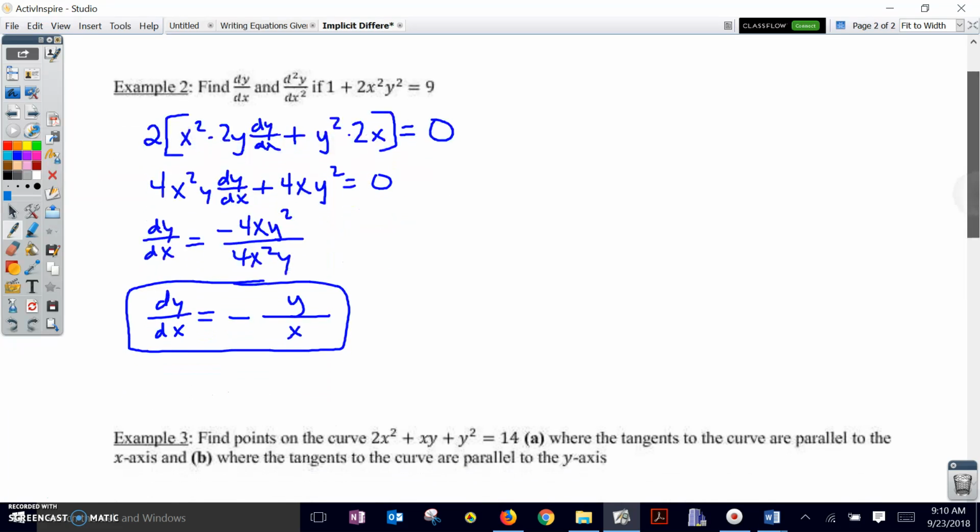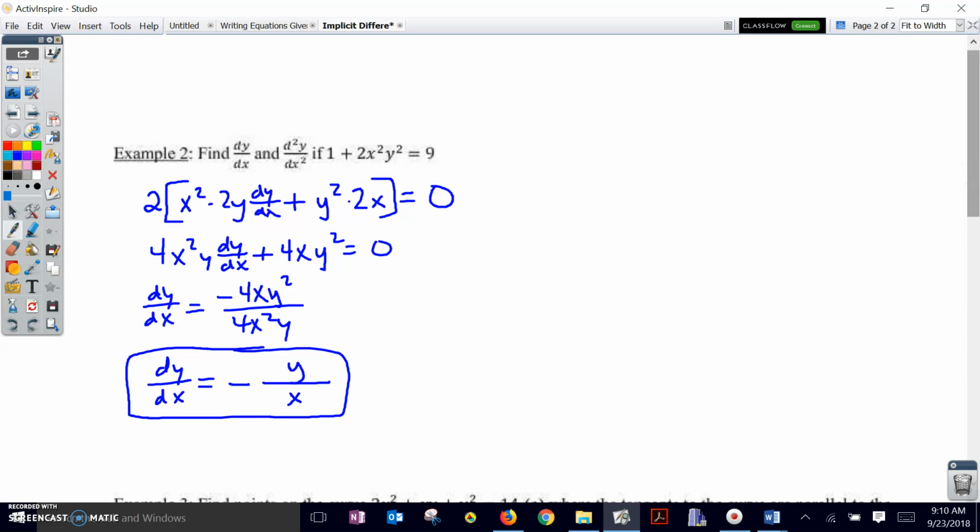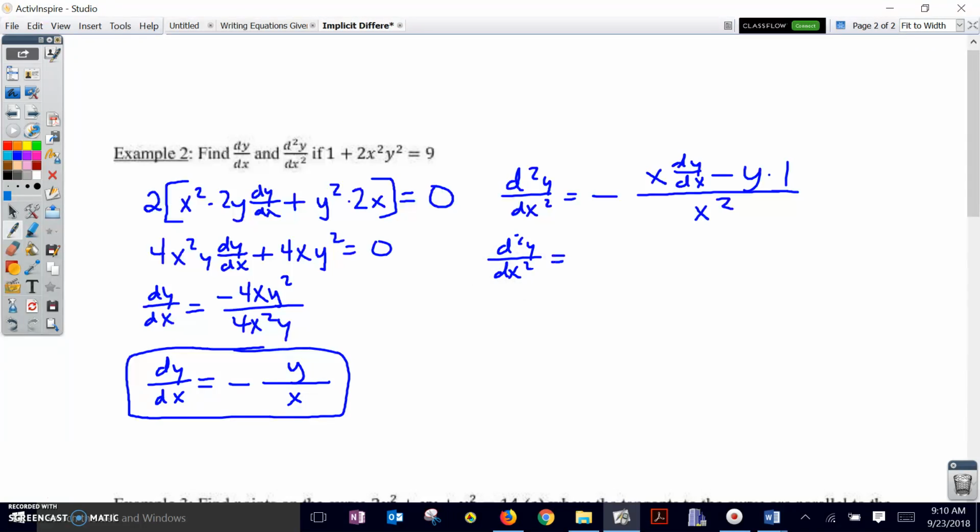And now I'm going to proceed from there to go ahead and find the second derivative. So d squared y/dx squared is equal to the opposite of low times the derivative of high minus high times the derivative of low all over low squared. And now I need to substitute dy/dx in there, which is opposite of y over x.